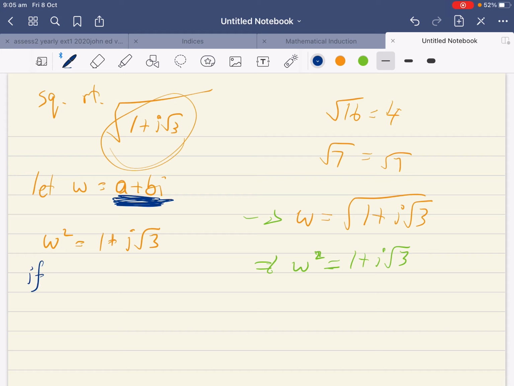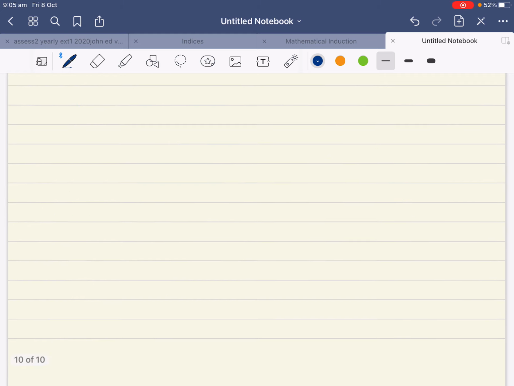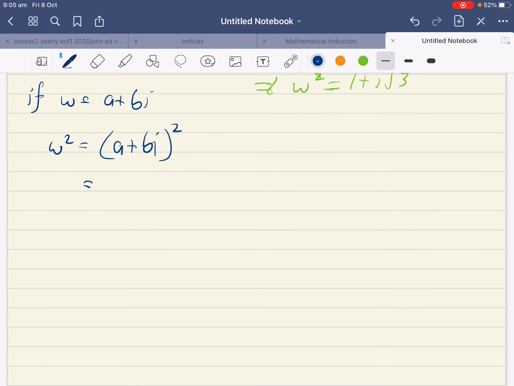If W is a plus bi, W squared would be this, of course, which would give us a squared plus 2abi plus b squared i squared. And of course, remembering i squared is actually -1. Okay, there it is. So this is what W squared is equal to.